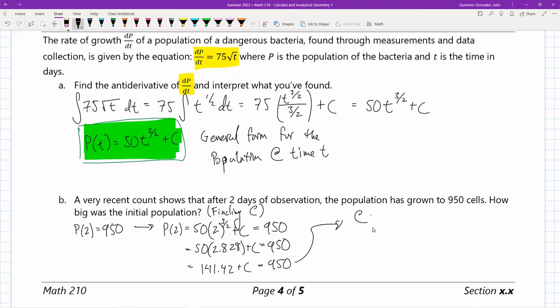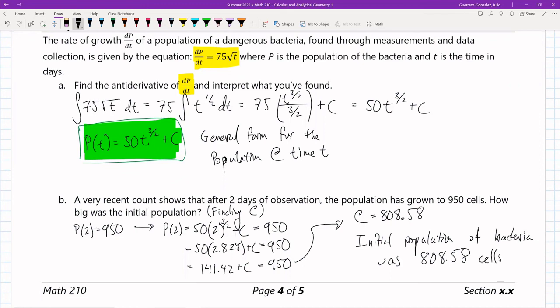This means C is equal to 808.58. So the initial population of bacteria was 808.58 cells. We can comfortably say that the initial population was somewhere around 808, 809 cells.